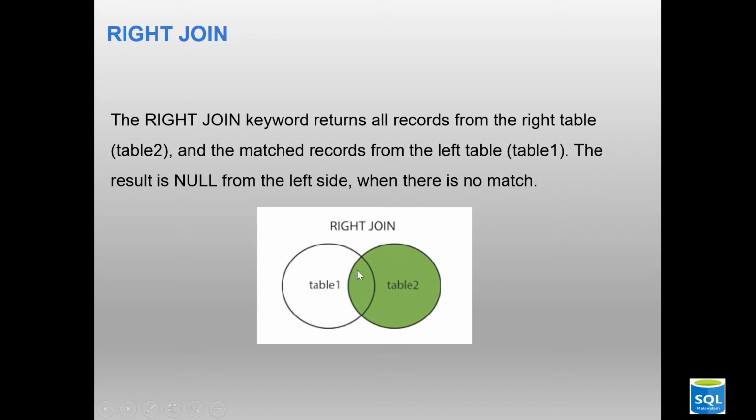So it will select all the records from the right table, and if there are any matching records, that is this portion, the corresponding column values will be selected. Otherwise, null will be returned. So that's a right join.